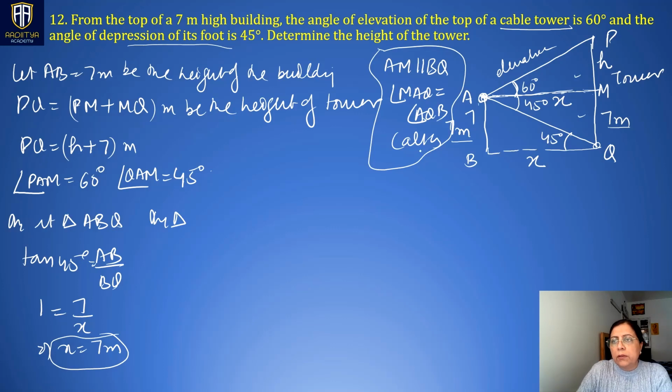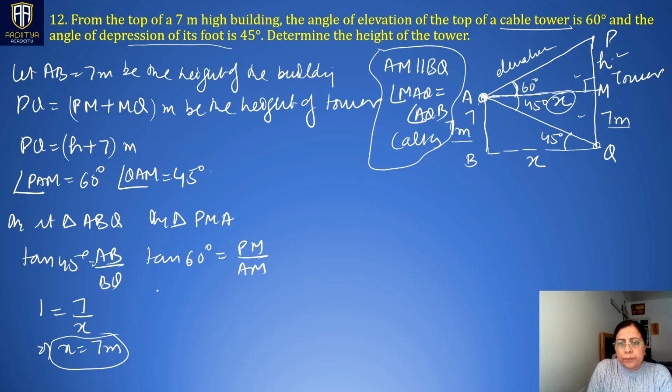Now next we have to find H. That is in this PMA triangle. We can consider right triangle PMA. Again, X we have found, and H we have to find. So the relationship between them is perpendicular and base. So again we have tan 60 degrees. It is PM upon AM. Tan 60 is root 3. PM is H. X we have found.